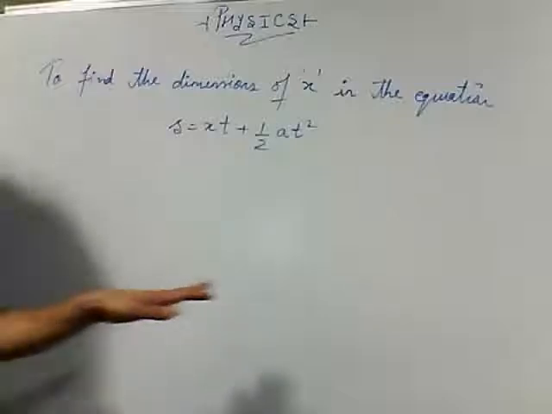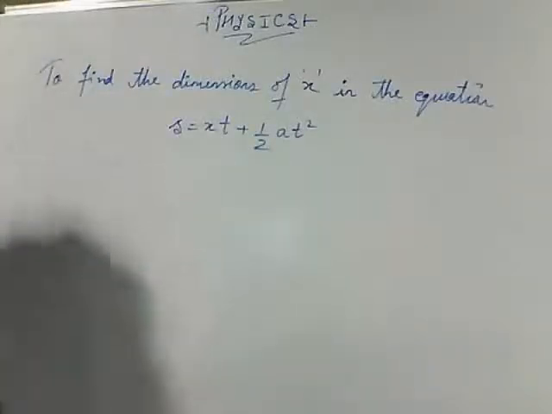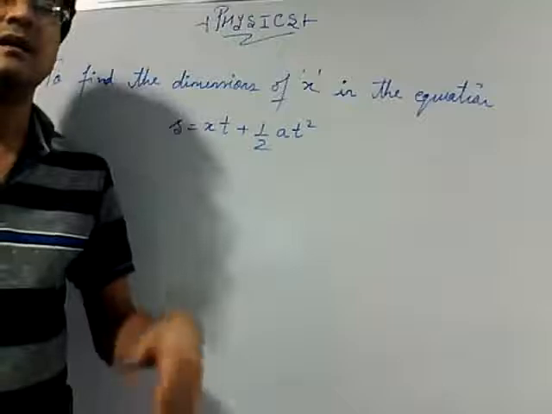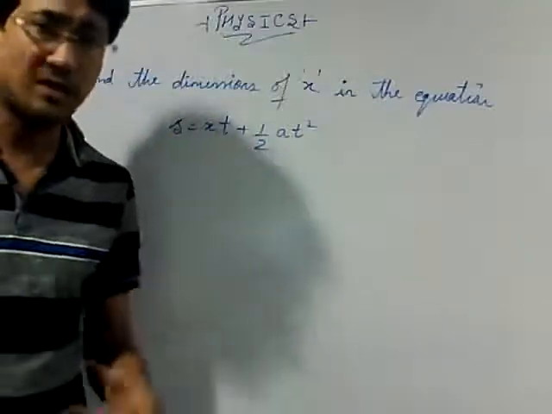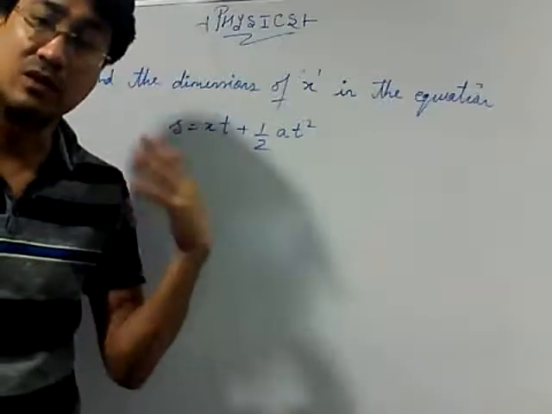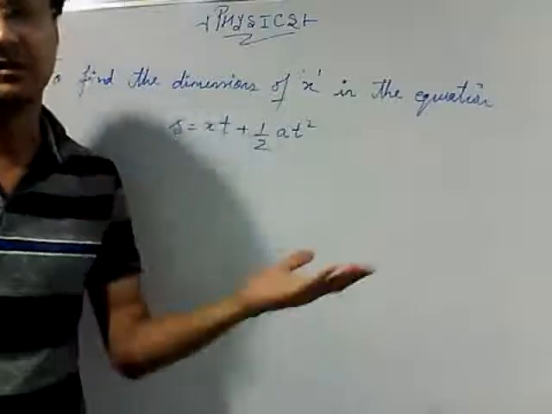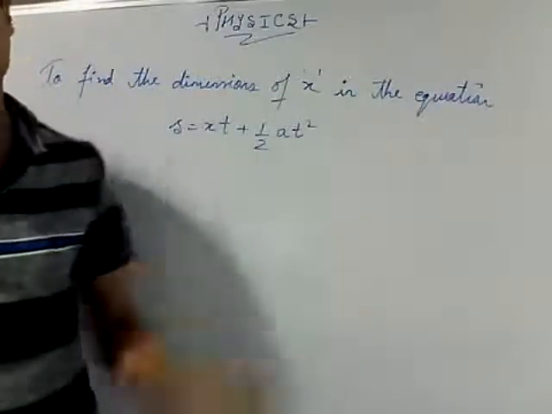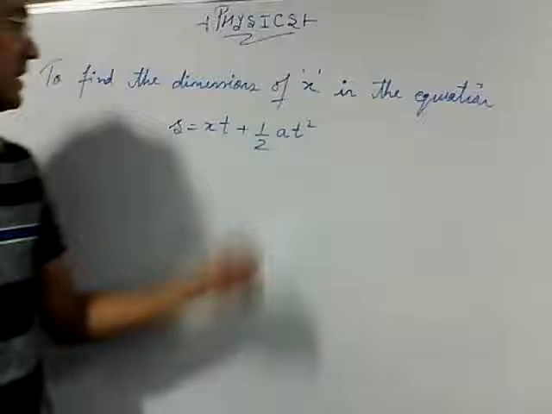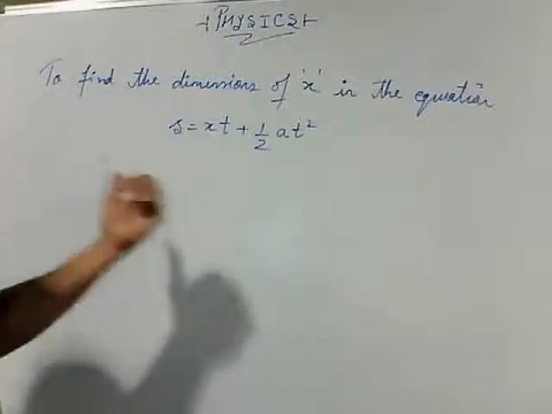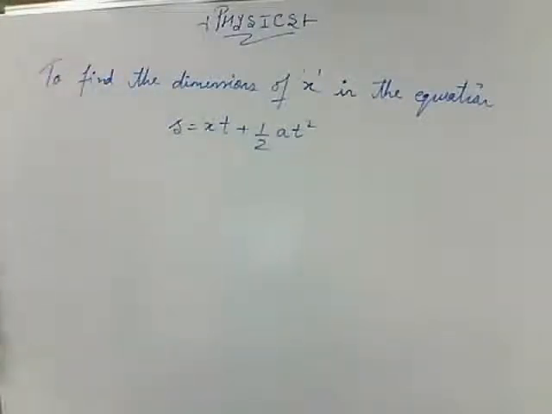You just need to follow the basic principle that two quantities can only be added or subtracted if their units and dimensions are the same. So please go ahead and find the dimensions of x in this question. Hurry up.